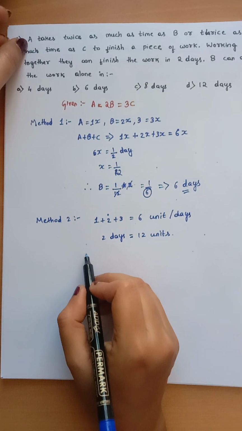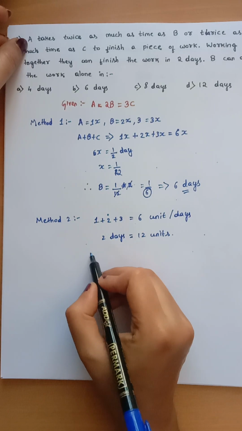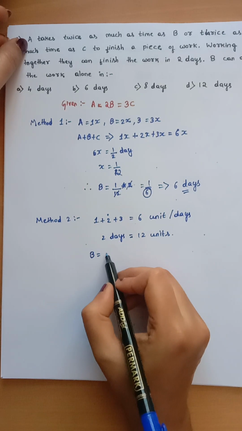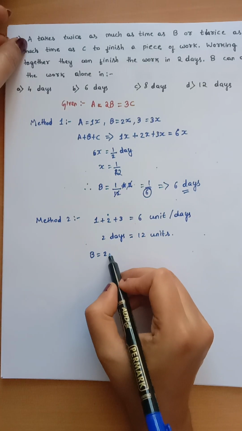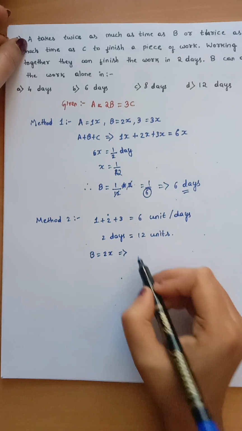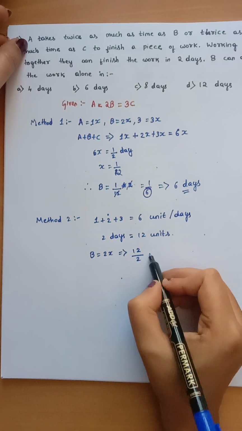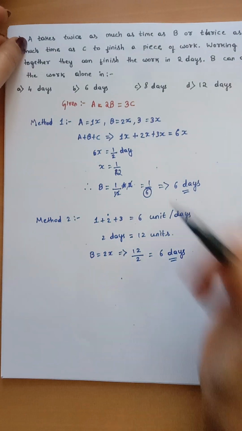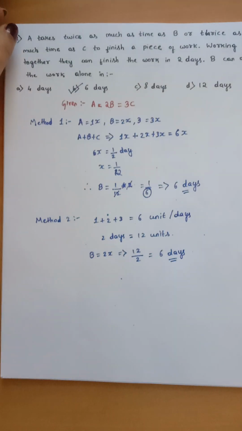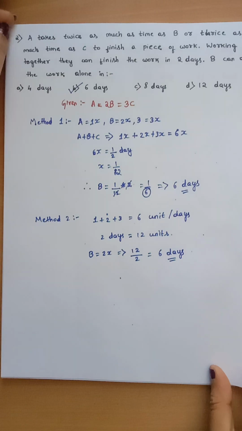And we already know that B has 2x of efficiency, then 12 by 2 equal to 6 days. So we got the answer as 6 days, option B.